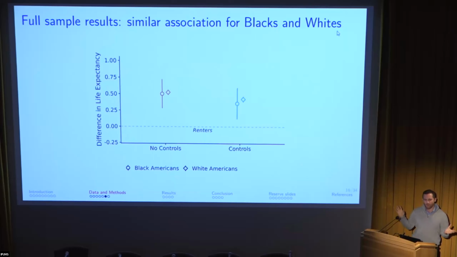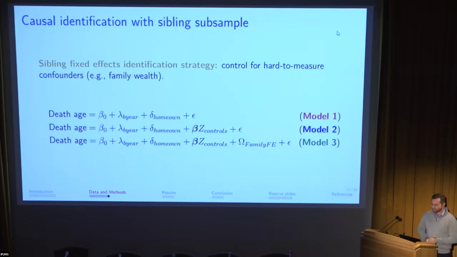And that's about 6 months or half a year. We see a highly similar association, both for white Americans and for Black Americans. And when we add in these controls, it's only slightly attenuated. This similarity between white and Black Americans is actually striking in that the median home during this period for Black Americans was only a third of the value of the median home for white Americans.